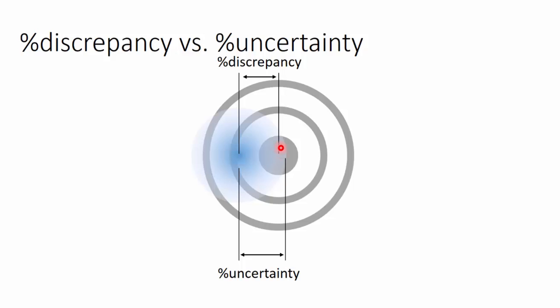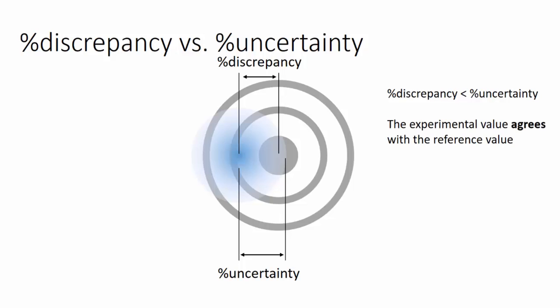So in that sense, your answer could be right, given that you're covering such a huge range. So this is the case where your percentage discrepancy is less than your percentage uncertainty. So your percentage uncertainty actually covers that difference. Because you're so fuzzy, it's not surprising that you're as far off as you are. In that sense, we will say then the experimental value agrees with the reference value. That's the keyword we use, agrees.